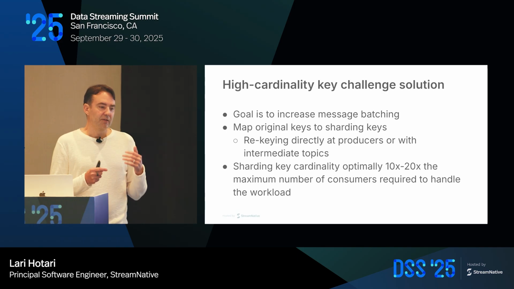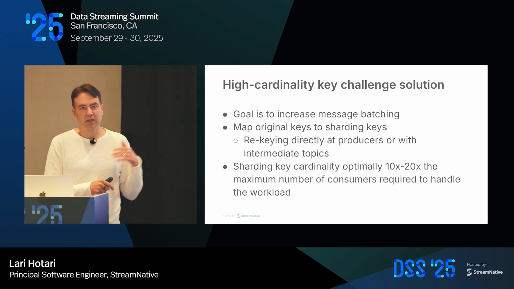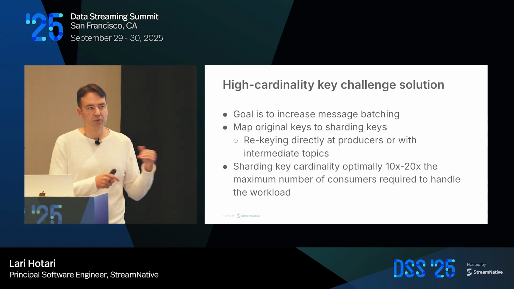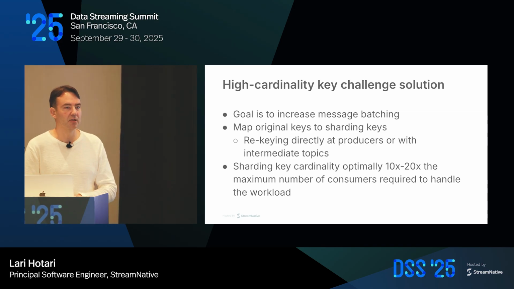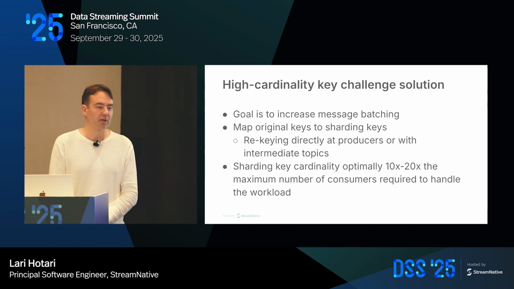And optimally, this re-keying would be happening directly at the producers, so that there wouldn't be an intermediate step to first consume some other topic and then publish on another topic with a new key.